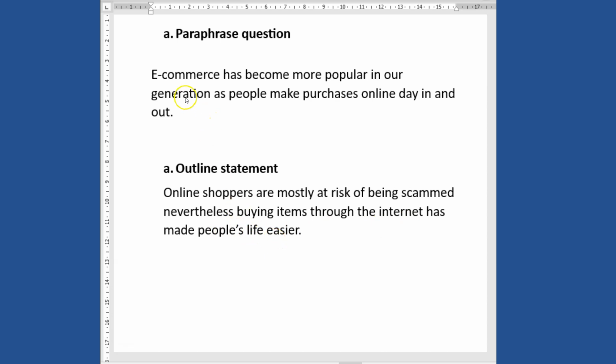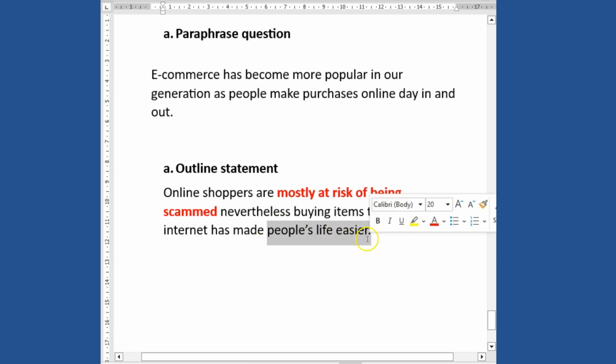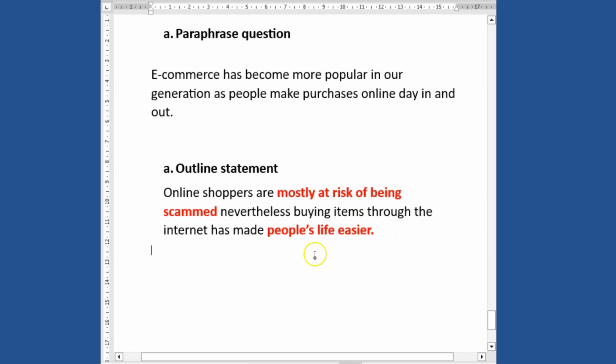We are talking about two things here. One, those shopping online are mostly at risk of being scammed, which is the disadvantage. And I said that buying items online has also made people's life easier, which is the advantage.